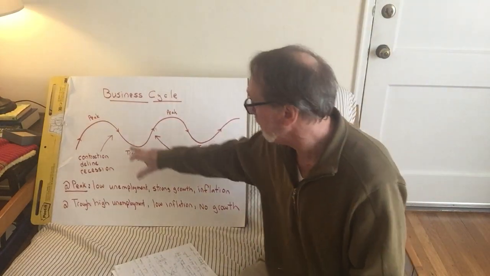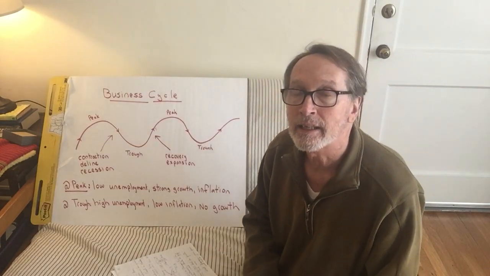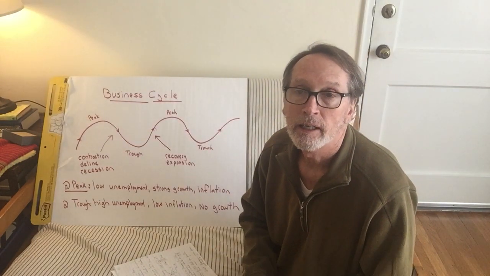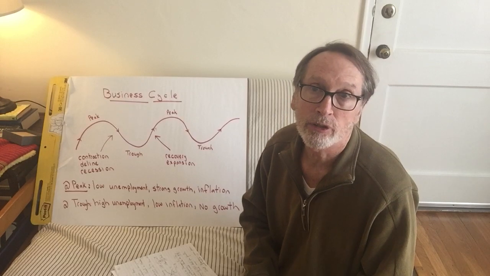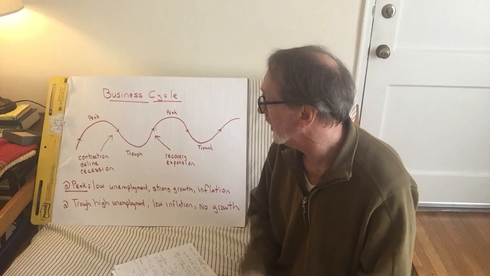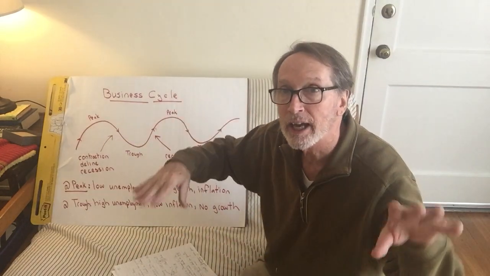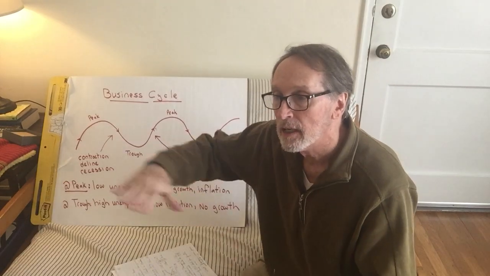And during the trough, they're going to try to mitigate or lessen the degree of slowness or recession, or contraction. They want to try to mitigate these extremes of the cycle, right? So they want a more steady growth.